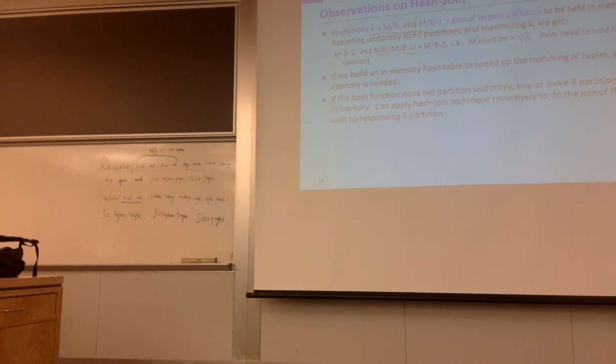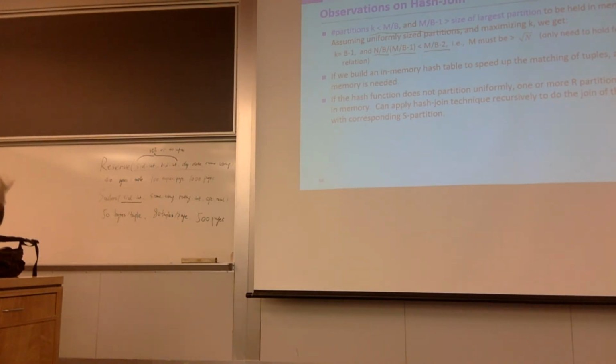That gives the number of partitions you have after the first phase. You want that number to be smaller than or equal to m over b minus 2. Don't mind the minus 2, that doesn't matter. Basically, that's the equation.